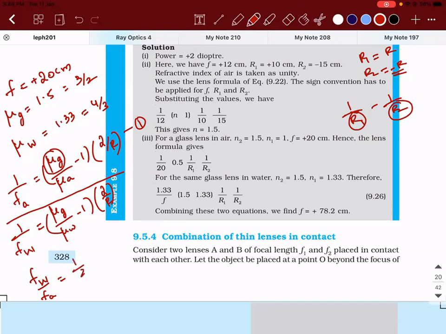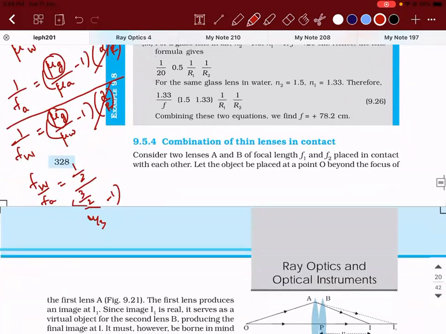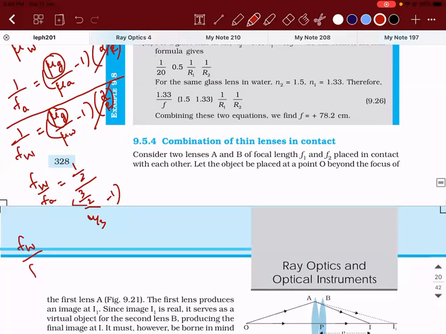So 3 by 2 minus 1 is half, divided by mu g is 3 by 2 divided by mu w is 4 by 3 minus 1, into 2 by r. So 2 by r, 2 by r will get cancelled. Fw divided by Fa is equal to half divided by 9 by 8 minus 1, that is 1 by 8. So this will cancel 4 times. So 4 by 1. Focal length in water will be 4 into focal length in air. That is going to be 4 into 20, which is 80 centimeter.